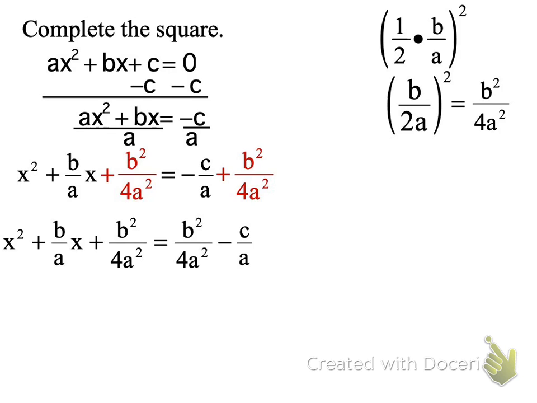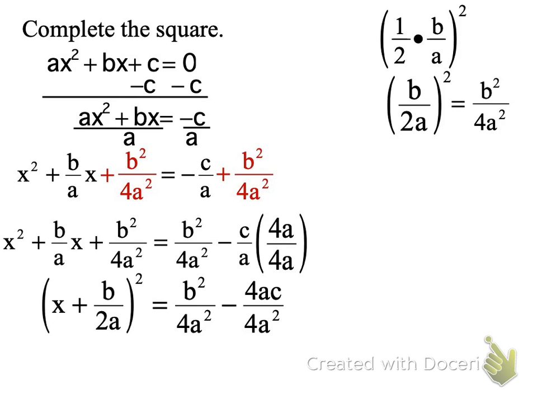So now we can factor on the left side to x plus b over 2a squared, the quantity x plus b over 2a squared. And over on this side, we have to have a common denominator, so we're going to multiply by 4a. So we factor x plus b over 2a squared equals b squared minus 4ac.